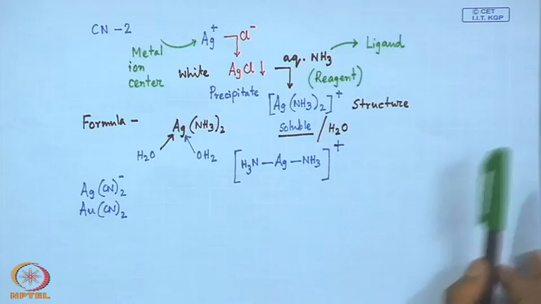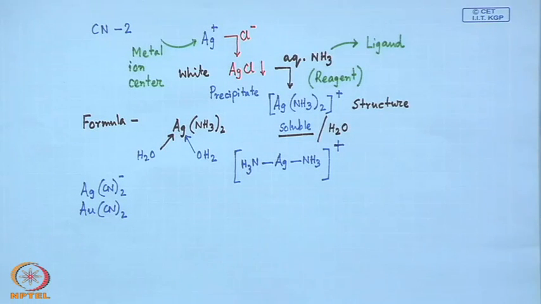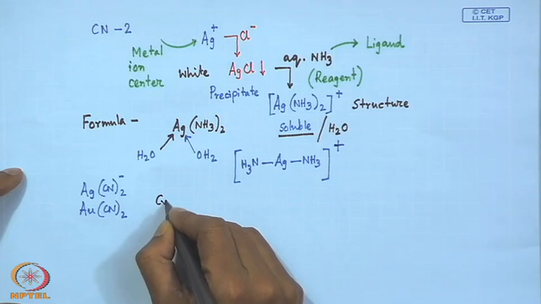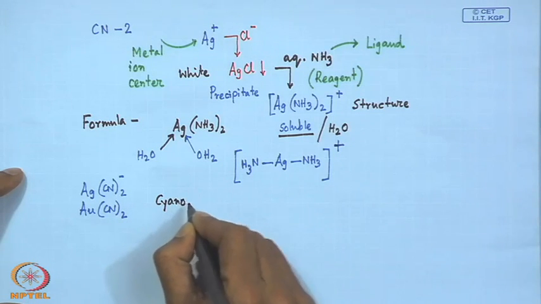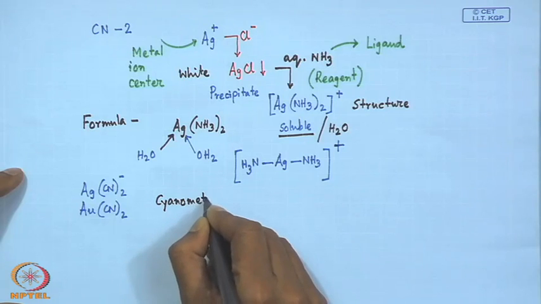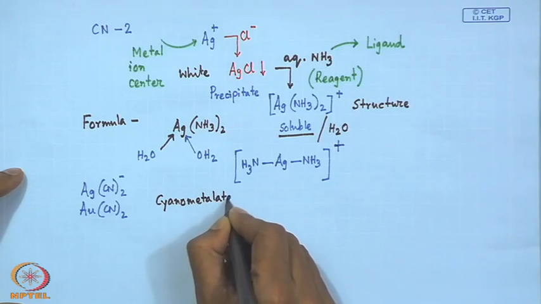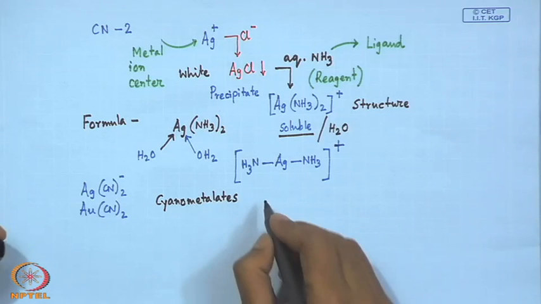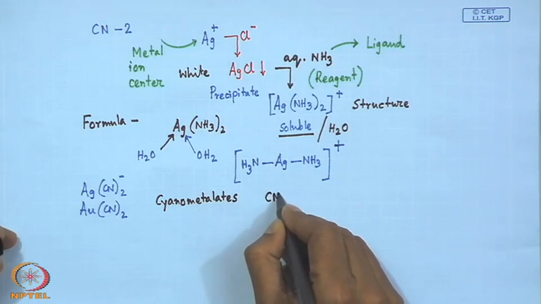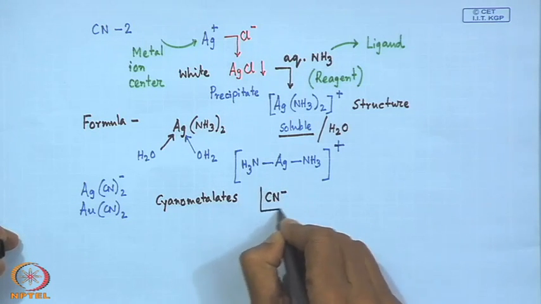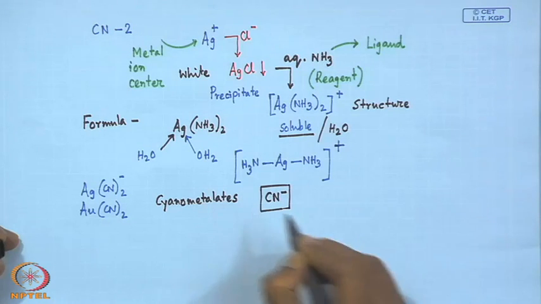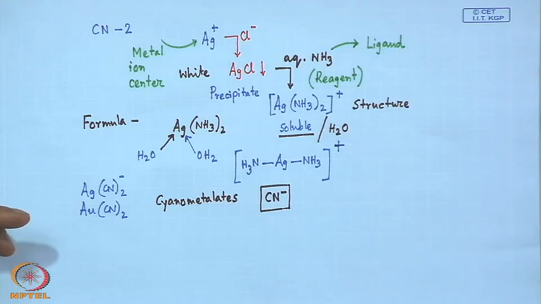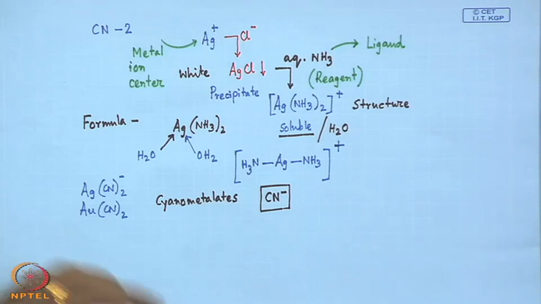So, cyanometalates are a general group of molecules, and these cyanometalates provide us some complexes where CN minus is the ligand, and CN minus is a very good nucleophile and a very strong ligand.